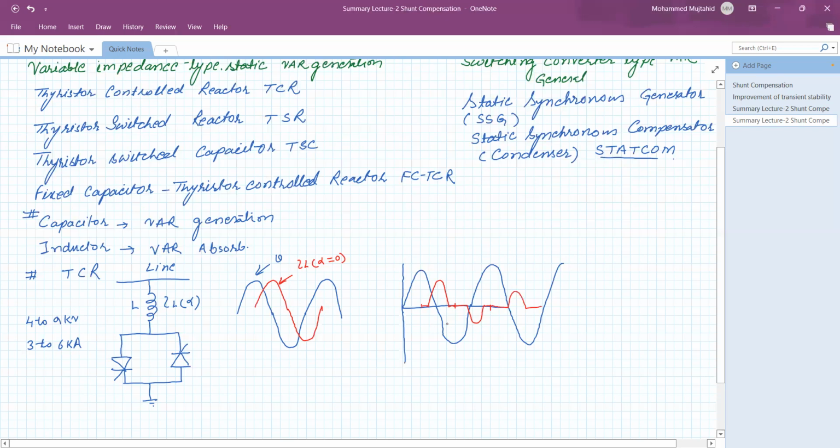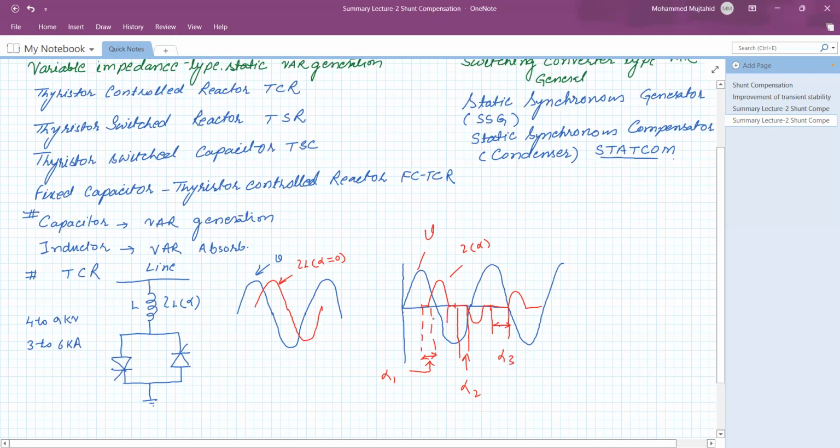So this is the voltage, the system voltage, and this is the current I with respect to the angle alpha. See, this is the delay angle alpha 1. Now this is the delay angle increased, alpha 2, and here the delay angle increases again, alpha 3.